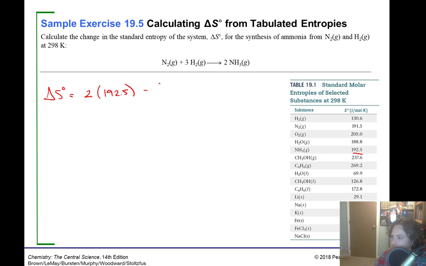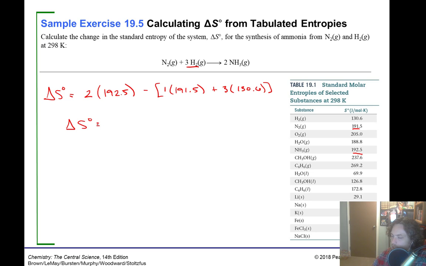Then we're going to subtract out the reactants, products minus reactants. So we have 1 N2. N2 is right here at the top, 191.5, plus 3 times hydrogen, which is 130.6.